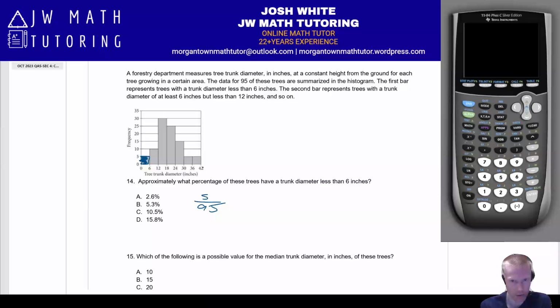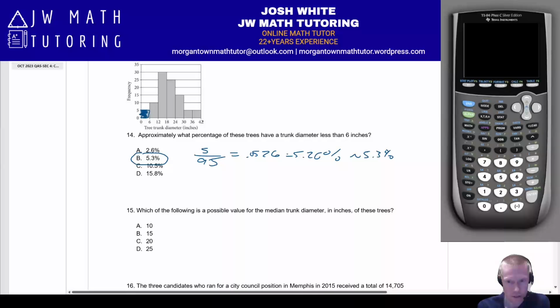I mean, you could add up all the values from all the bars, but they tell us right here the data for 95 of these trees is summarized in the chart. So we already know the total is going to be 95. So just 5 divided by 95, that comes out to basically 0.0526, or in other words, 5.26%, and it just gets rounded to 5.3%. Correct answer is letter B.